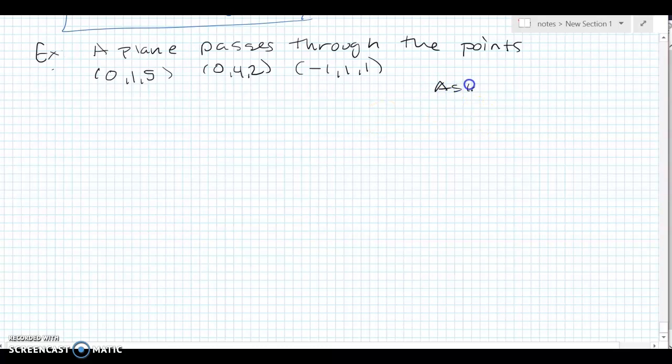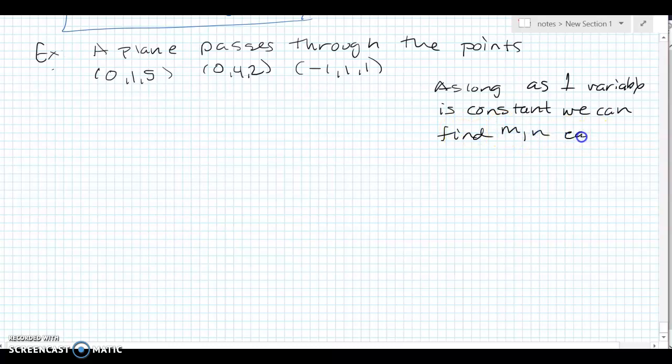Remember, as long as one variable is constant, we can find m and n easily. Okay, so let's see. Here we go. Notice the x's are the same here.